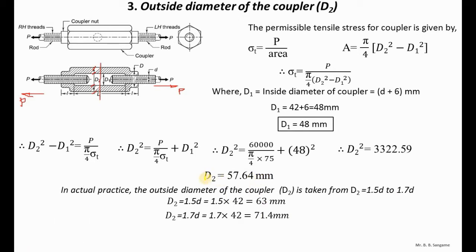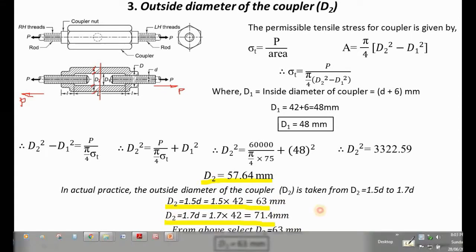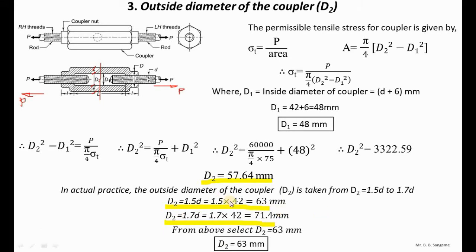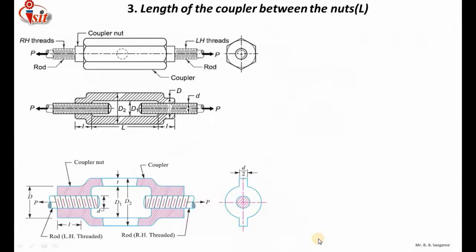So this is the stress by considering the tensile failure. According to the permissible tensile stress, d2 will be 57.64. According to the empirical relation, d2 will be 63 mm and 71.4 mm. From these values, I am going to select the outer diameter d2 for the coupler as 63 mm.